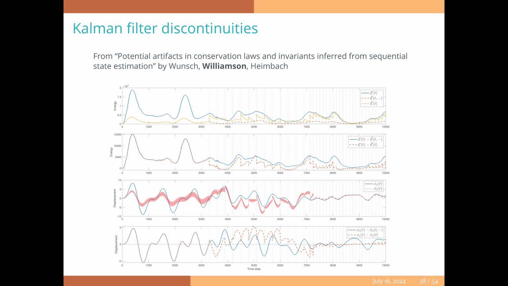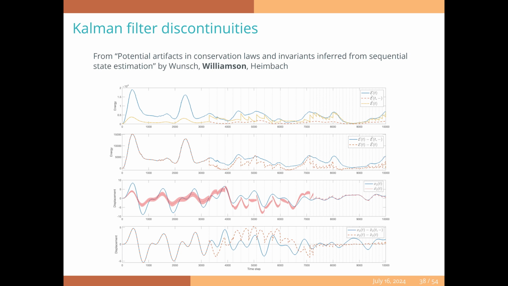So I have here this figure, which is an output from this paper. We reconstructed the energy of the system, a Duffing oscillator system, using the Kalman filter. And all of these vertical lines indicate where there is data. The blue line indicates the true value of, say, the energy.